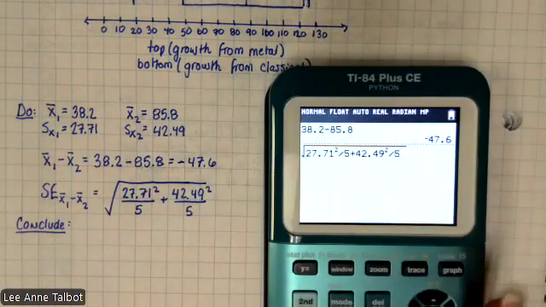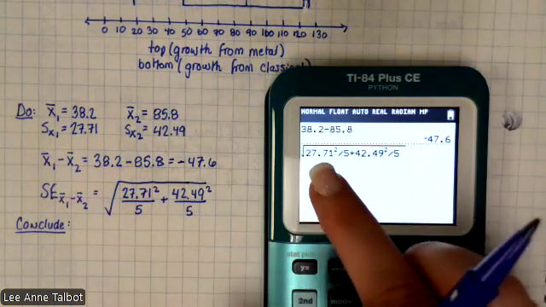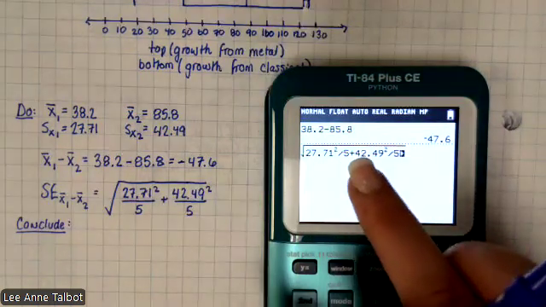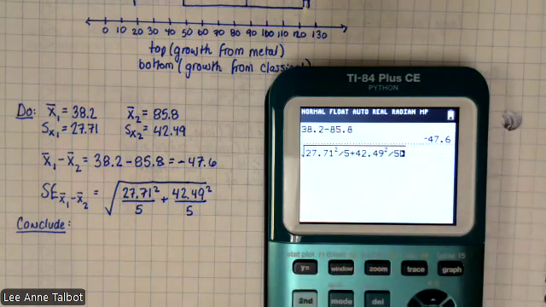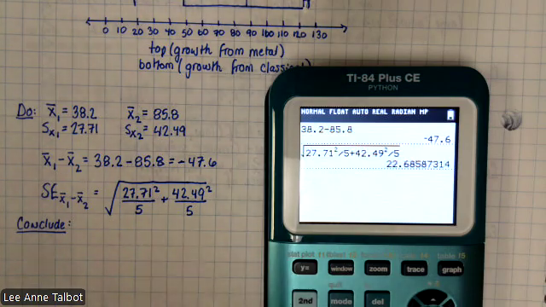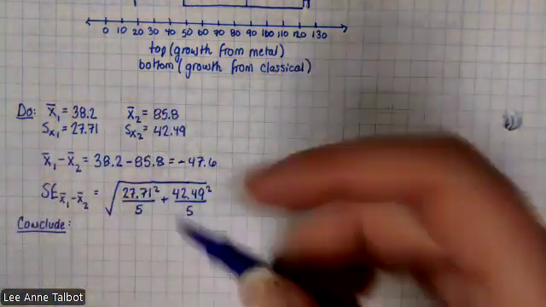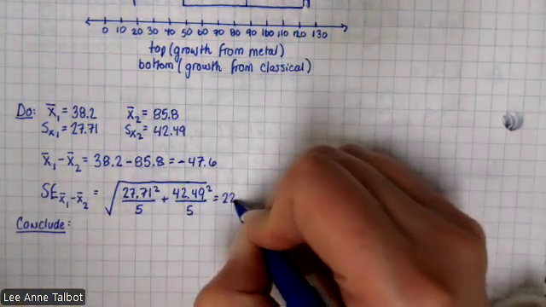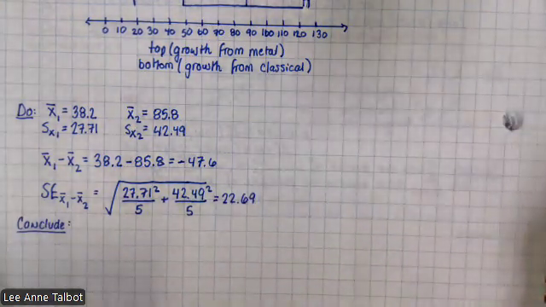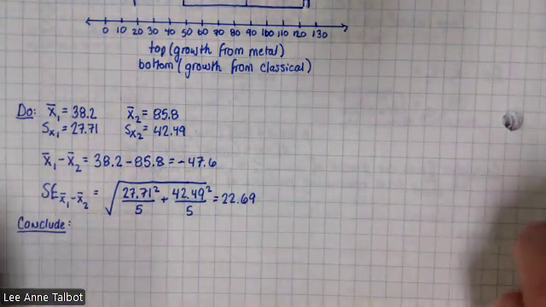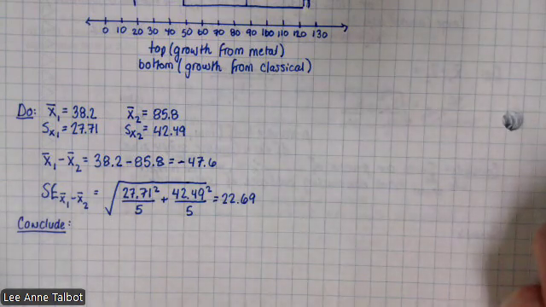Okay, I just typed it in one swoop, so 27.71 squared over 5 plus 42.49 squared over 5. 22.69. It's probably the biggest standard error we've ever had. It's very spread out.